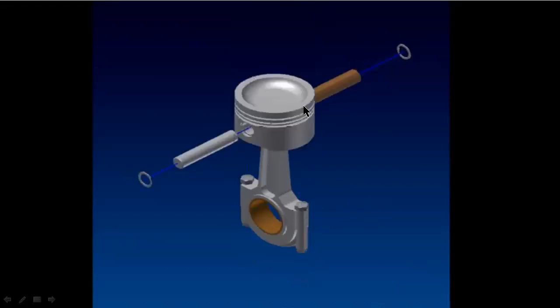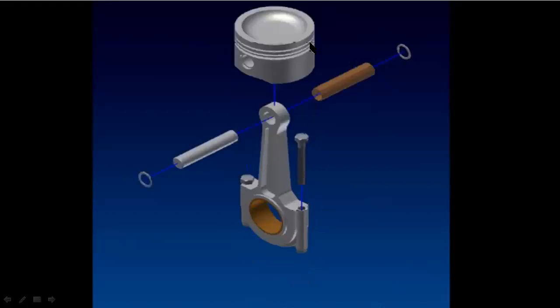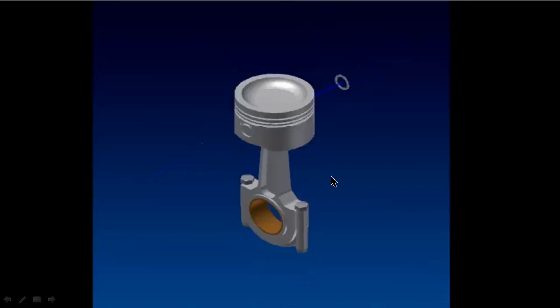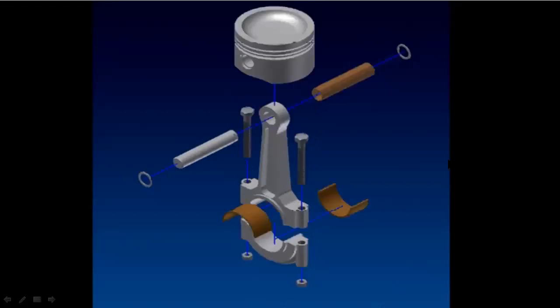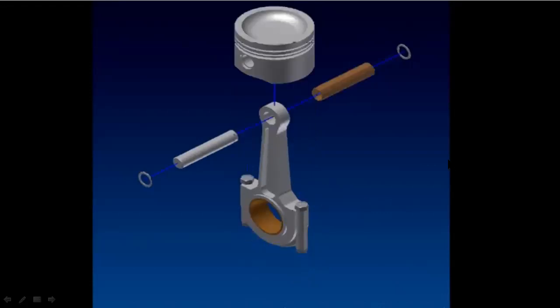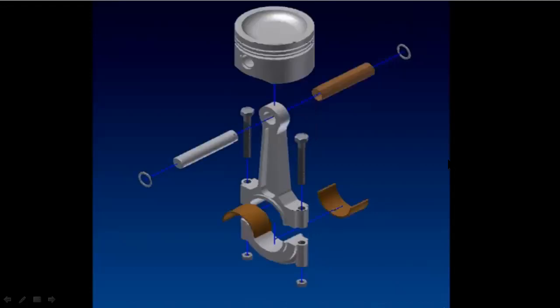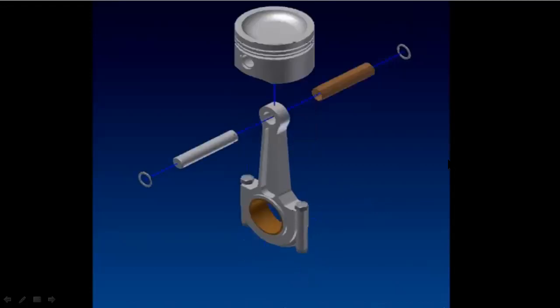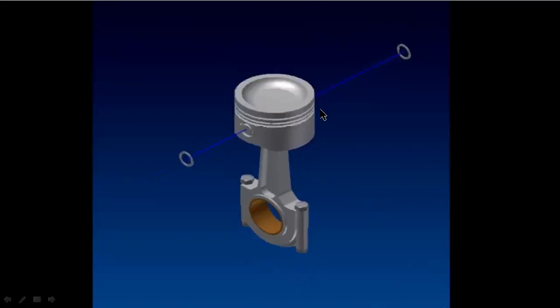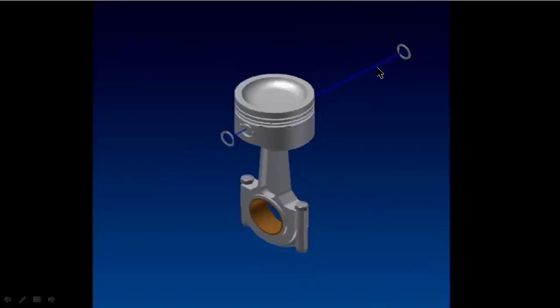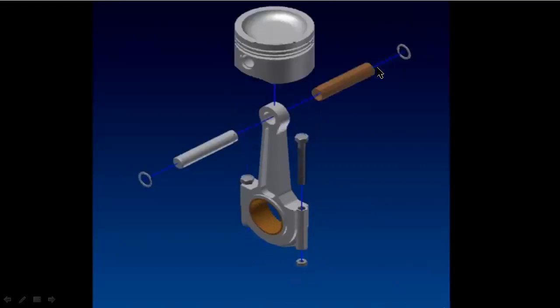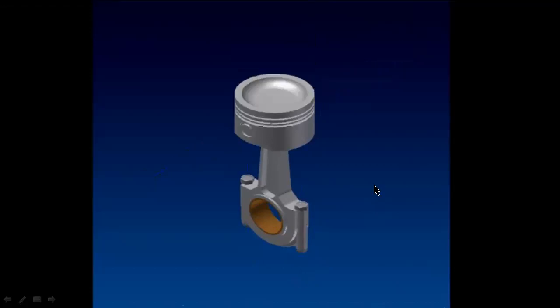Here we are inserting piston rings. This is the assembly of the piston pin, connecting rod, and piston rings.